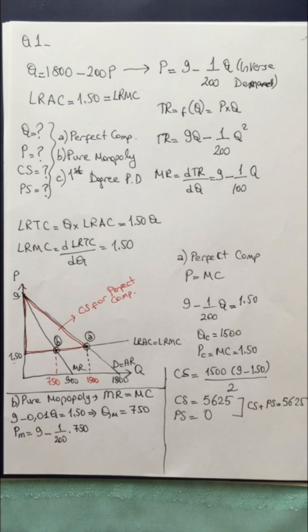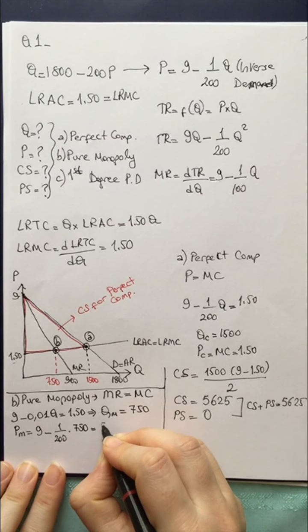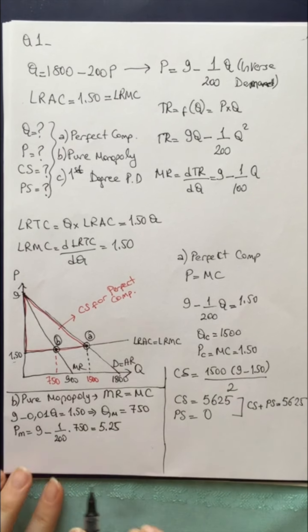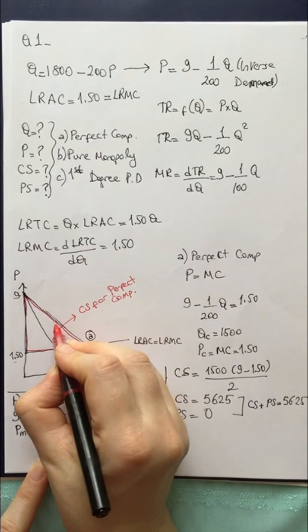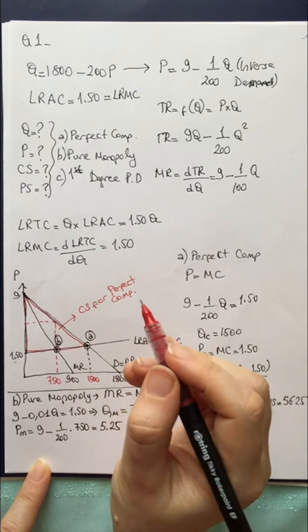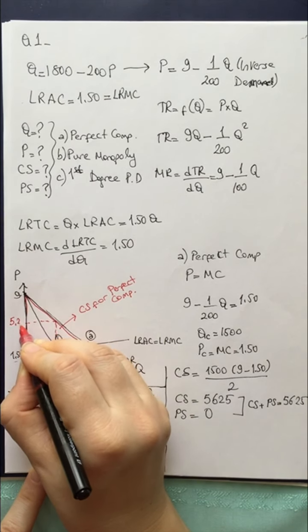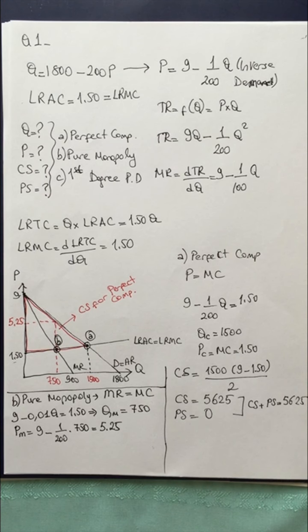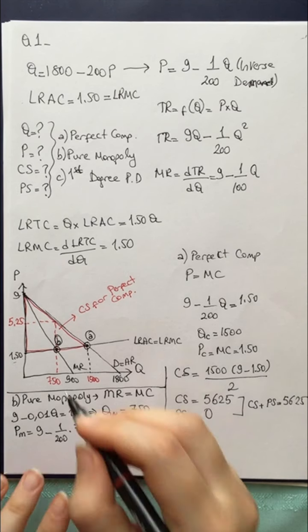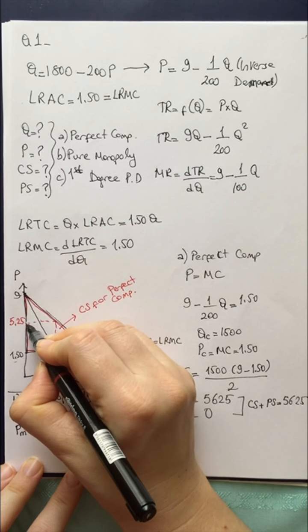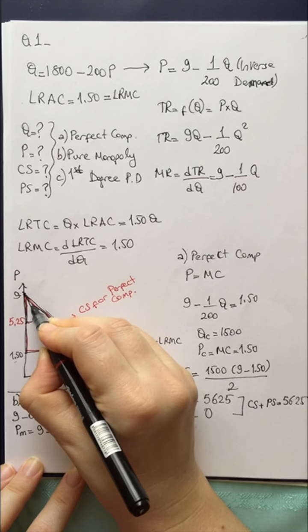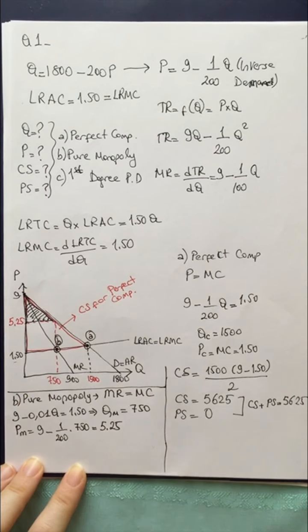750 over 200, 5.25. So the monopolistic price is 5.25. So we are just going from the profit maximizing level of output to the demand function here, which gives 5.25 in that case. So now the consumer surplus and the producer surplus change. Because the price is 5.25, the consumer surplus for the monopoly is this shaded area.